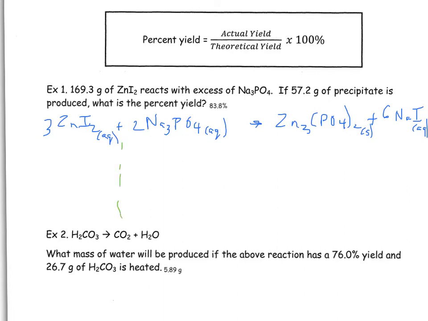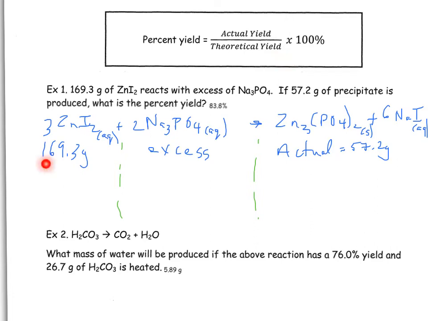I'm going to make this into an organization chart and include the numbers given in the question. I'm given the actual yield of the precipitate made. I need to find the theoretical yield using a stoichiometry question.